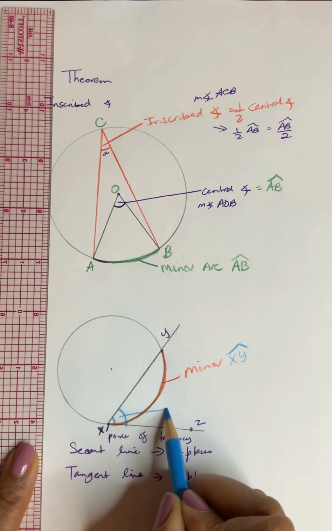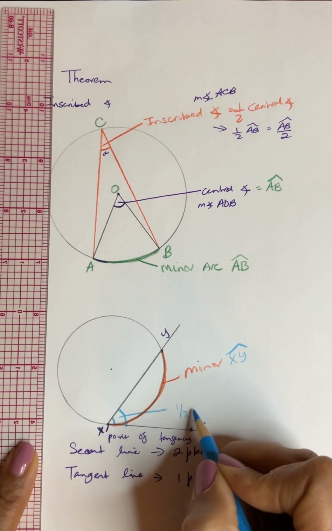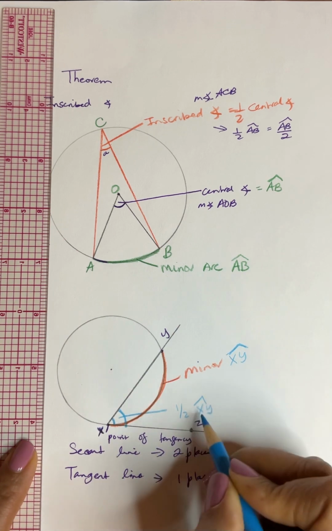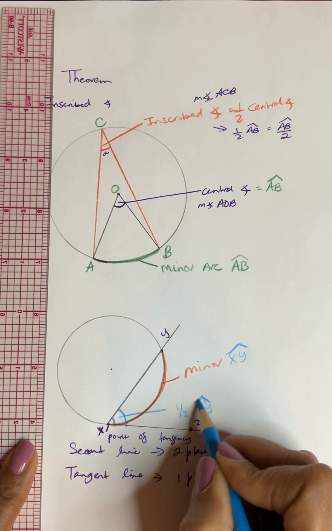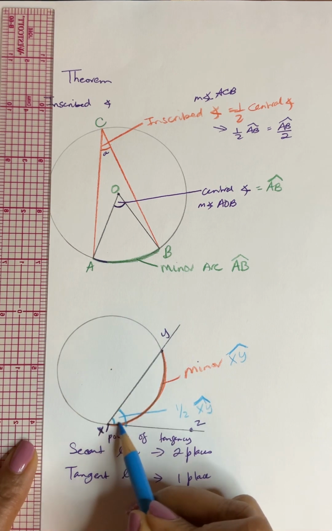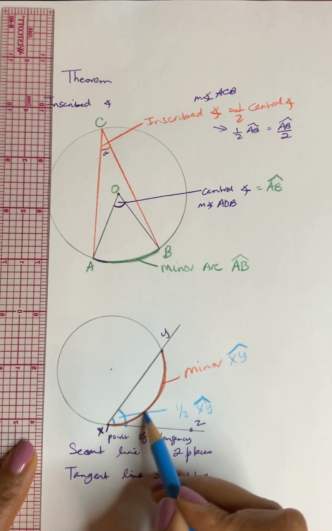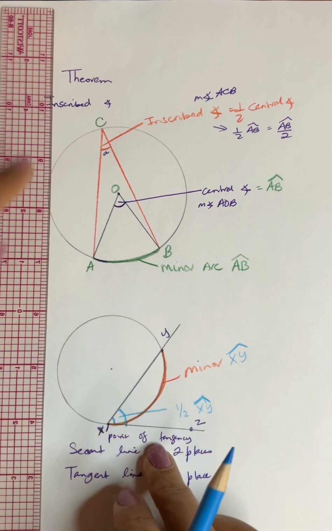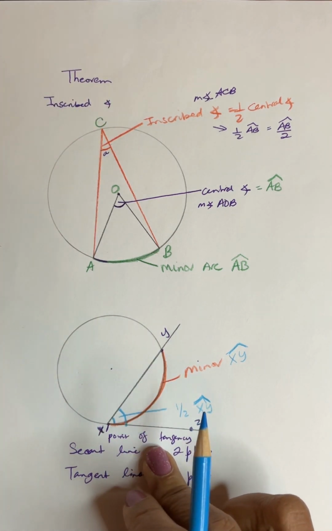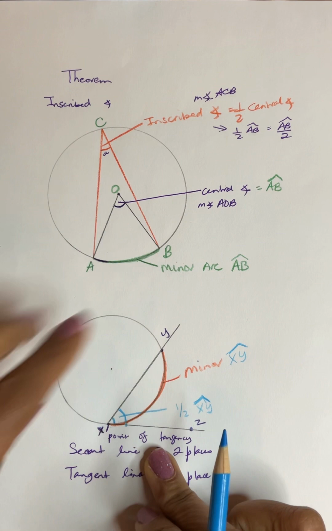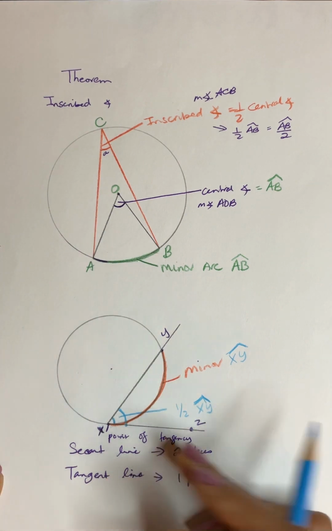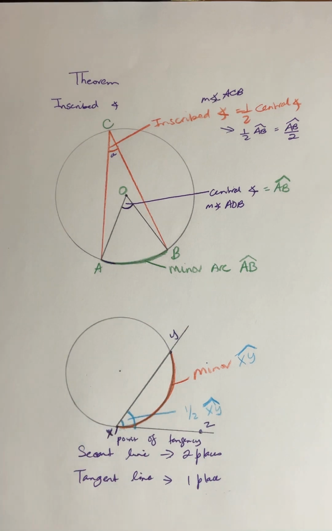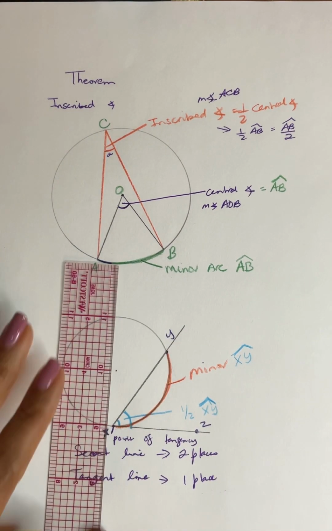This angle is half of arc XY, meaning that it is half of whatever measure this arc is. This angle right here is half of XY, just the same as how the inscribed angle is half of the intercepted arc.